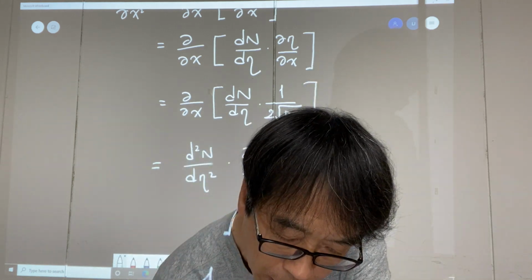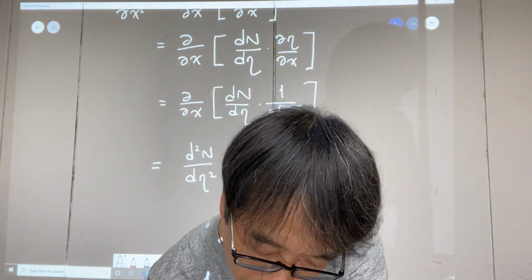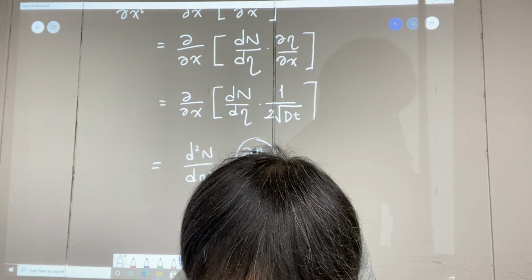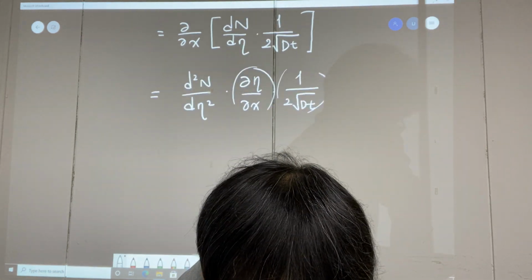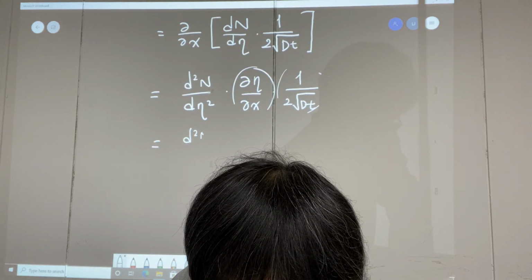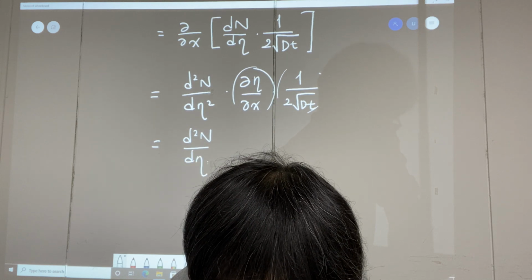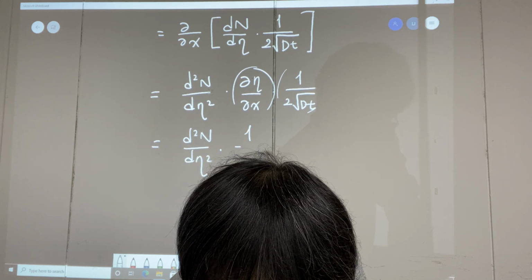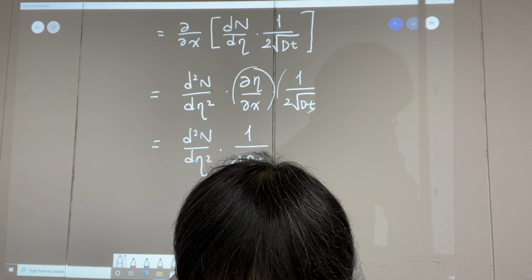Indeed, partial eta partial x is the same thing together, so it will be d square n d eta square times 1 over 4 dt.